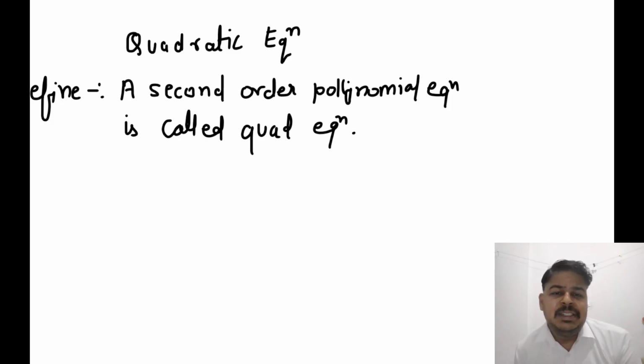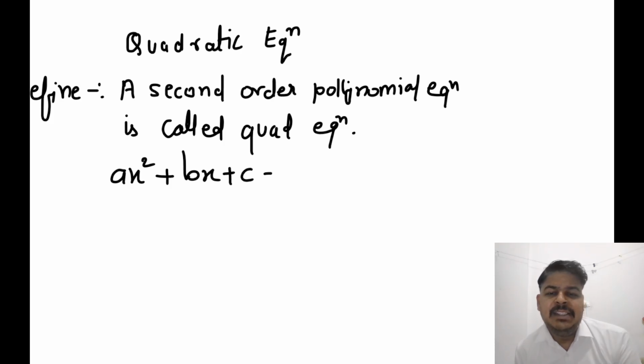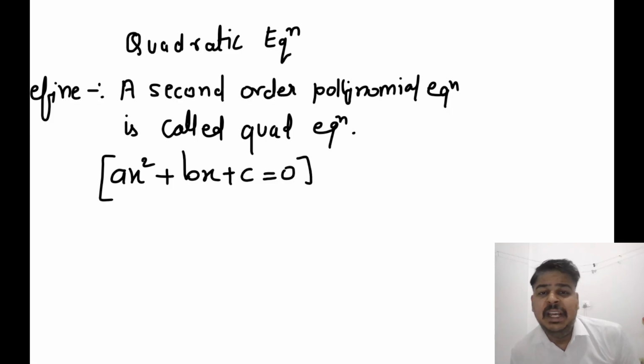Okay, so let me first describe what the quadratic equation is. It is ax square plus bx plus c equal to 0. You have already seen this expression in the chapter on polynomials, but there you only had x square plus bx plus c, not equal to 0.